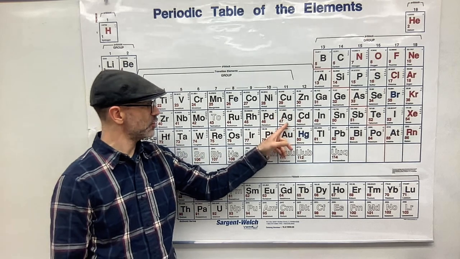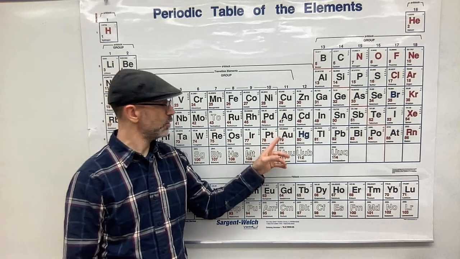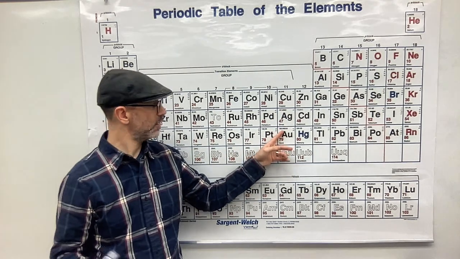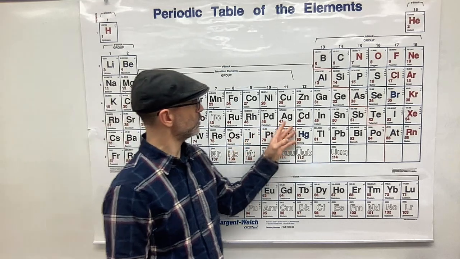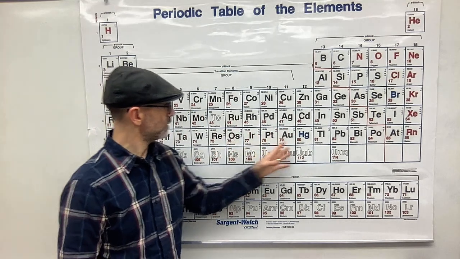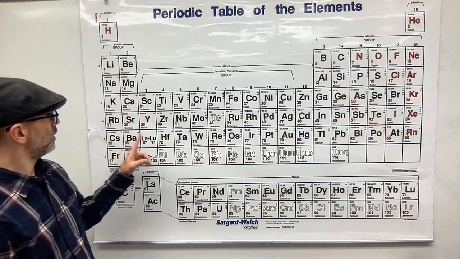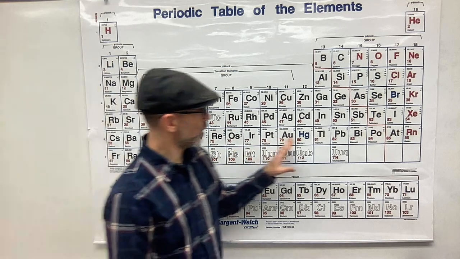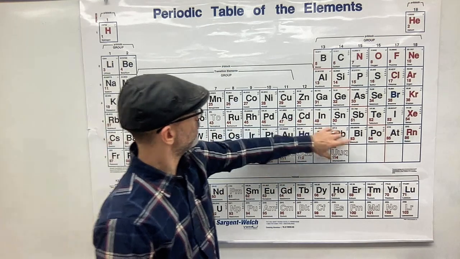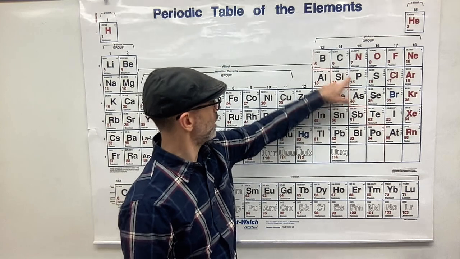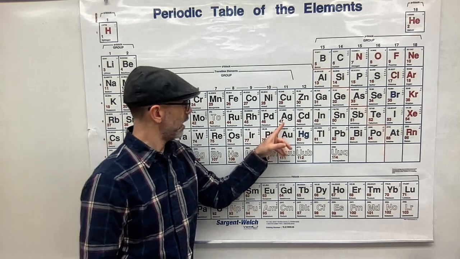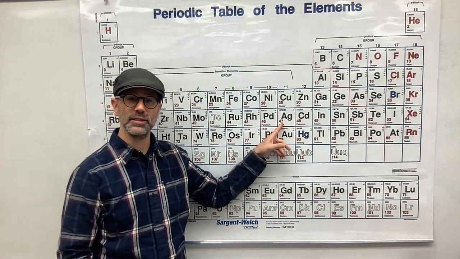Silver is Ag, right? Silver, you would think, okay, it's Si, right? But Si is actually silicon. Where's silicon here? I know silicon's here somewhere. Here it is, right here. So here we have silicon. Si is silicon, not silver, but Ag is silver.